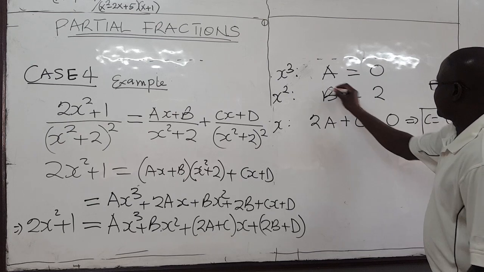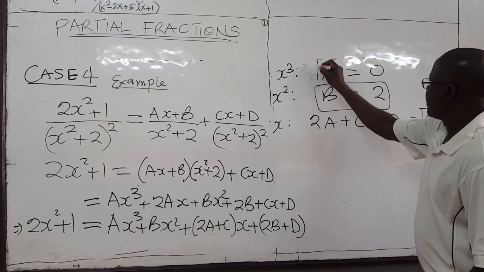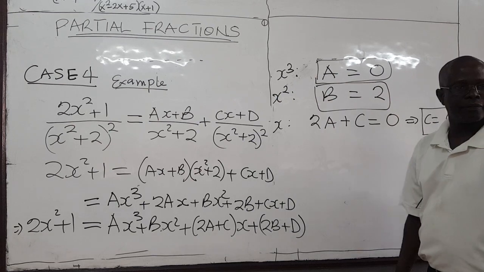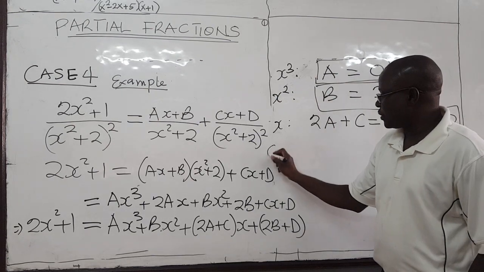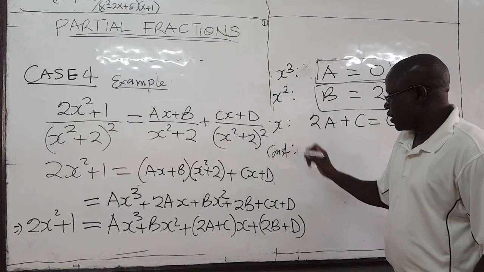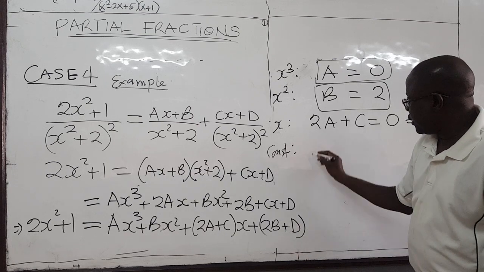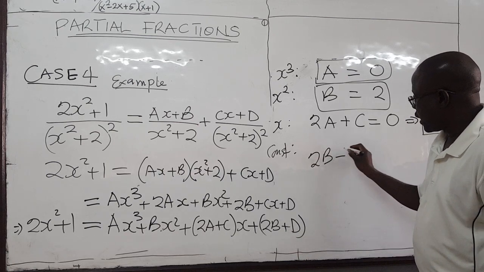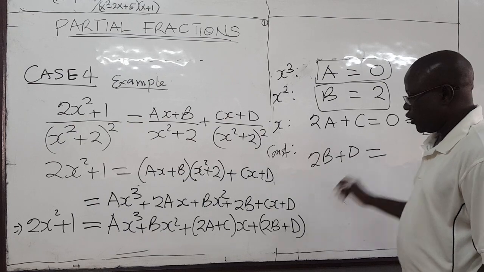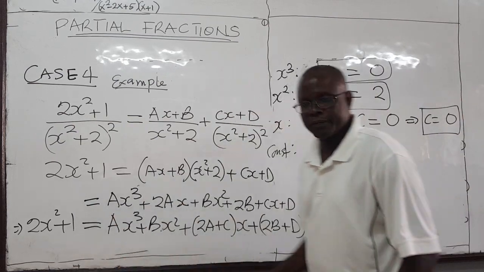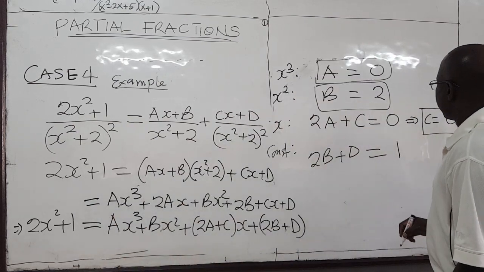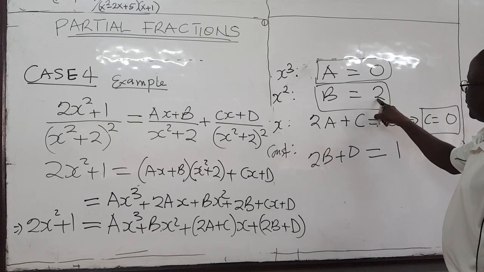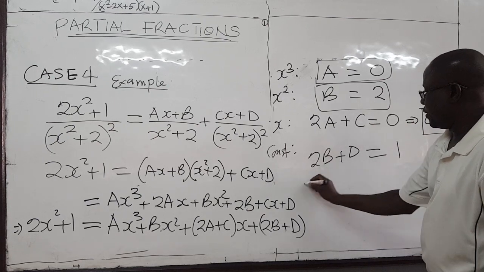So we have this already. For the constant term, 2b plus d must be equal to the constant term, which is 1. We have b, which is 2, so this is 4 here.